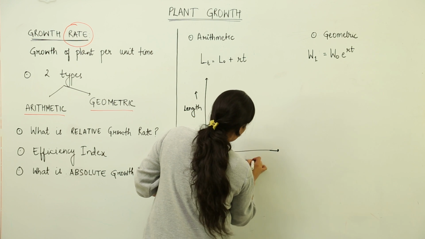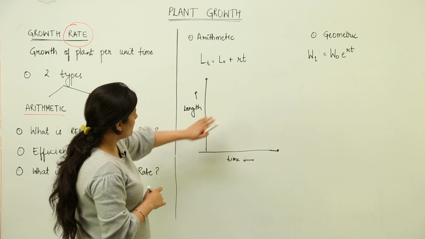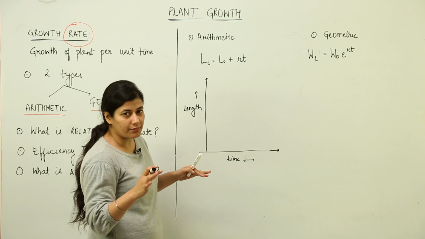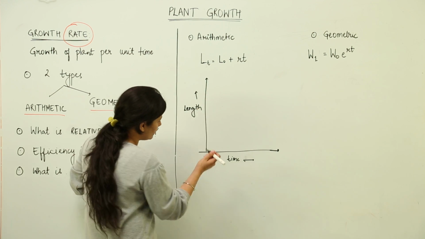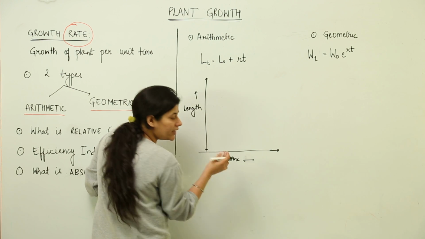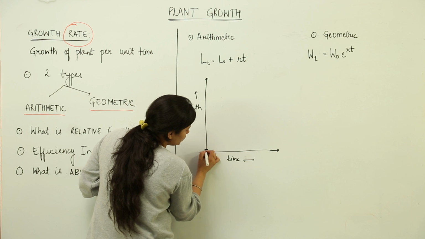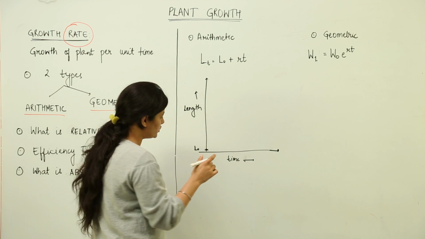Over here, time is increasing. So starting from L0, L0 is the length when the growth is not taking place. We can take it as 0. Please remember, this can be taken as 0. So supposedly this is L0. Let's not take it as 0 because it complicates the equation. This is the initial stage of the plant from where the growth is to be measured.